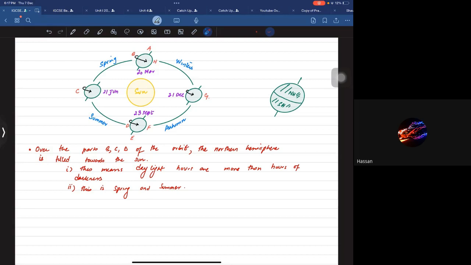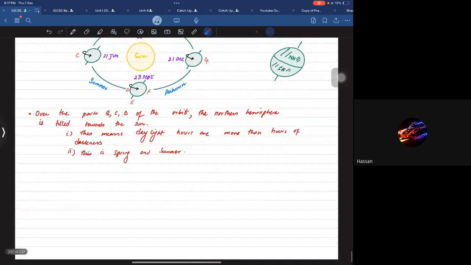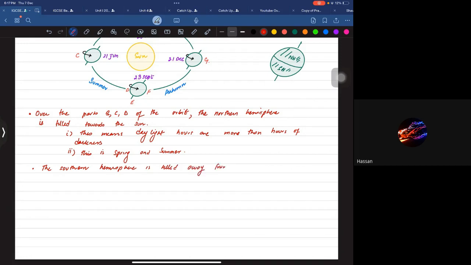So now the next thing is you guys need to understand that in this region, the southern hemisphere is tilted away from the sun.